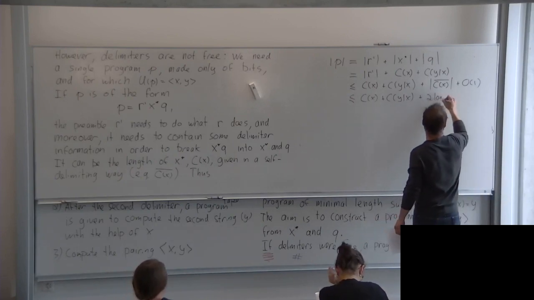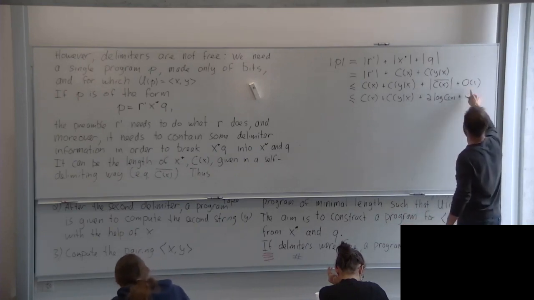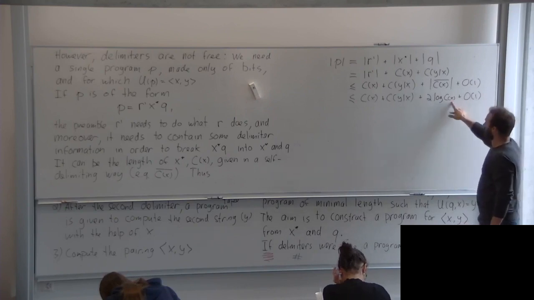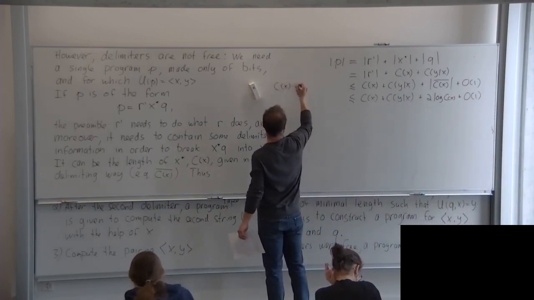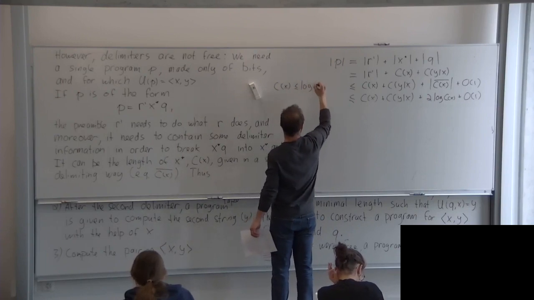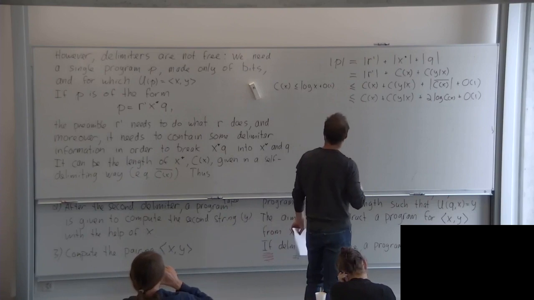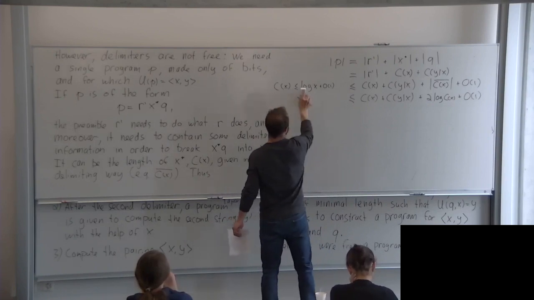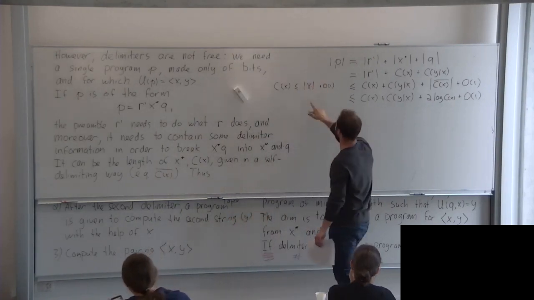Yeah, 2 log of c of x plus 1, but the plus 1 will fall into the O of 1. And now we've seen that c of x was smaller or equal than log x plus O of 1. Oh no, this is not what I want to use, sorry. Smaller or equal than the length of x plus O of 1.